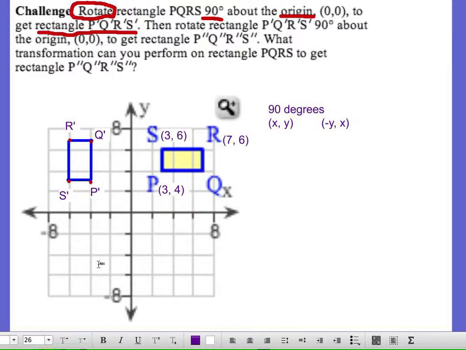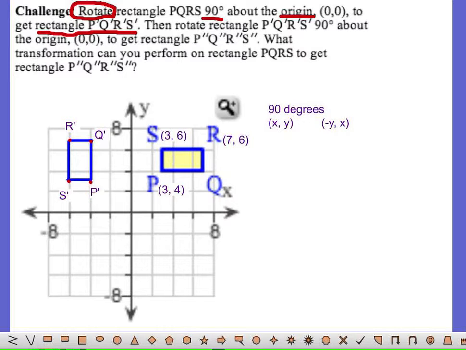So now it tells us to rotate our image another 90 degrees and get P double prime, Q double prime, R double prime, S double prime.